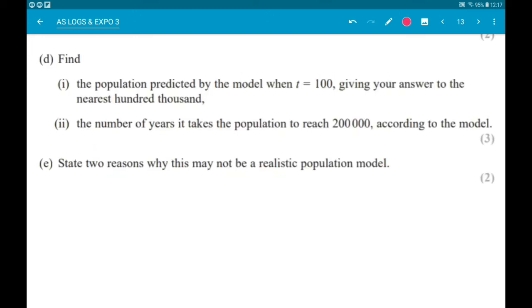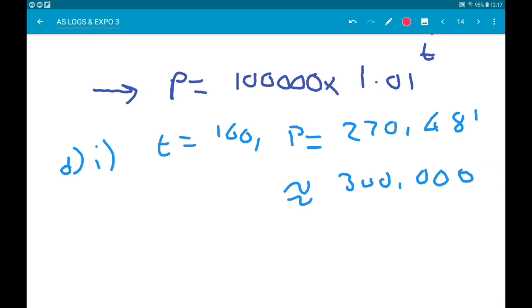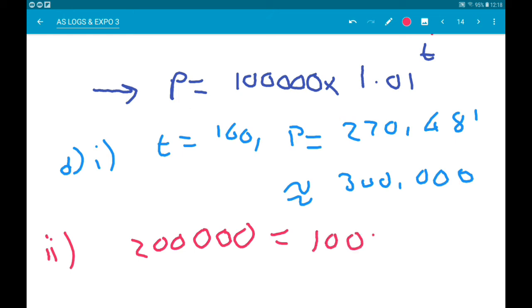Okay, then for part 2, we want to find the number of years it takes for the population to reach 200,000 according to the model. So this time we set 200,000 equal to 100,000 times 1.01 to the power t.